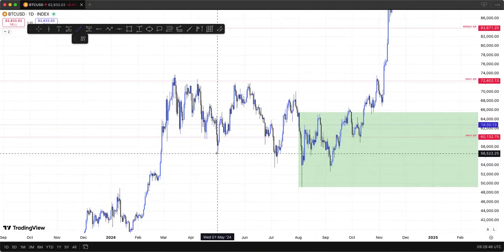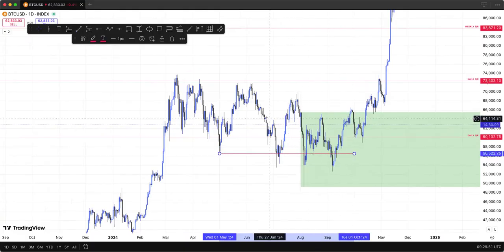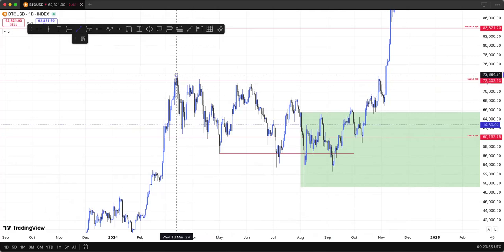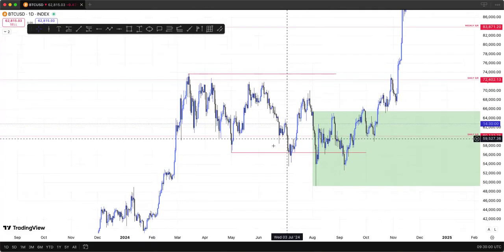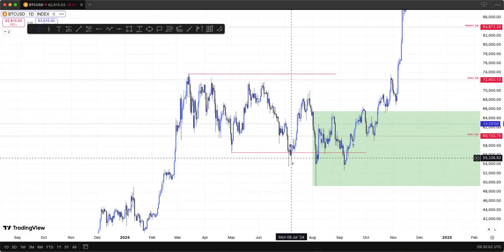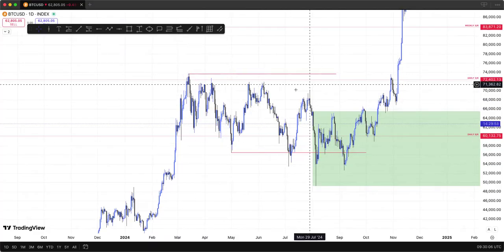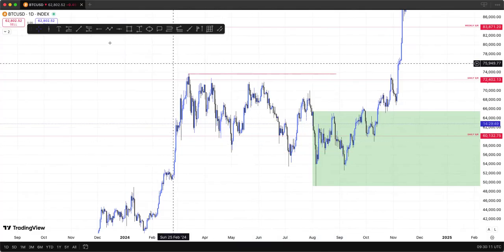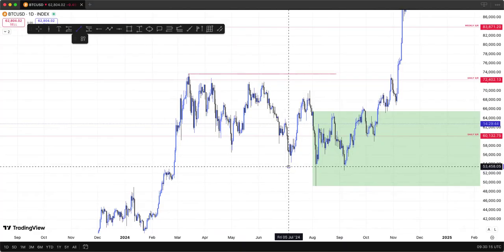This was a very low. After this high was created, this low got invalidated. Price closed underneath it. We got this low next.